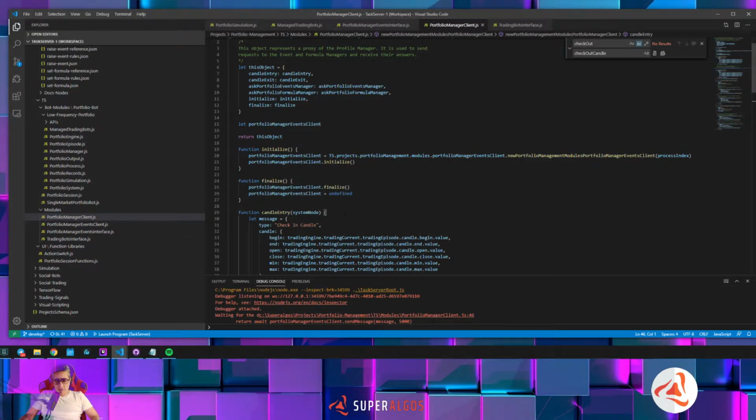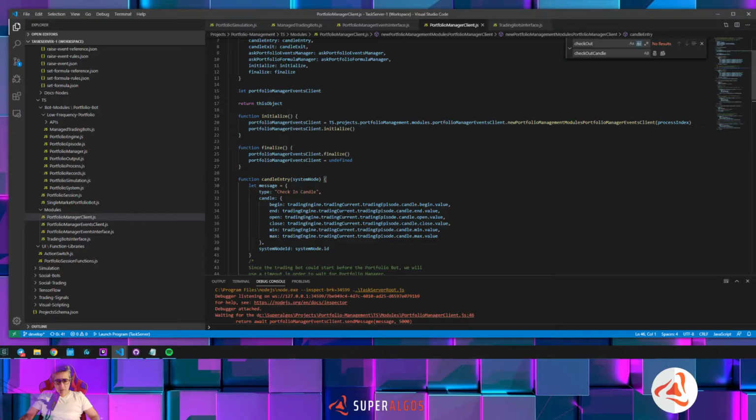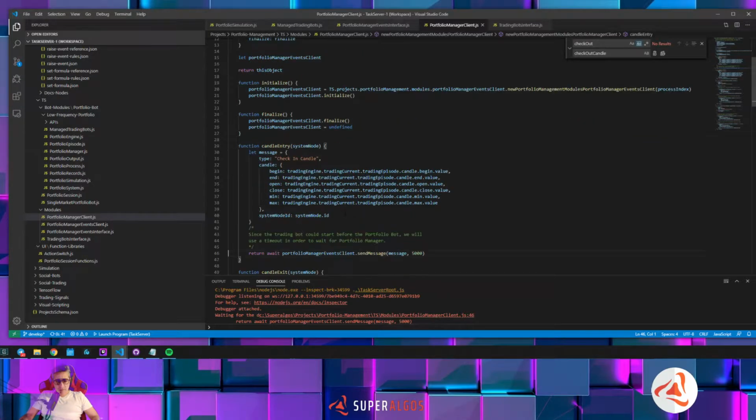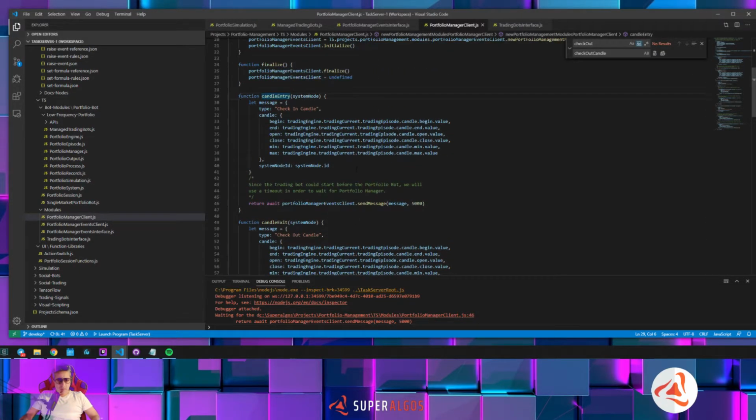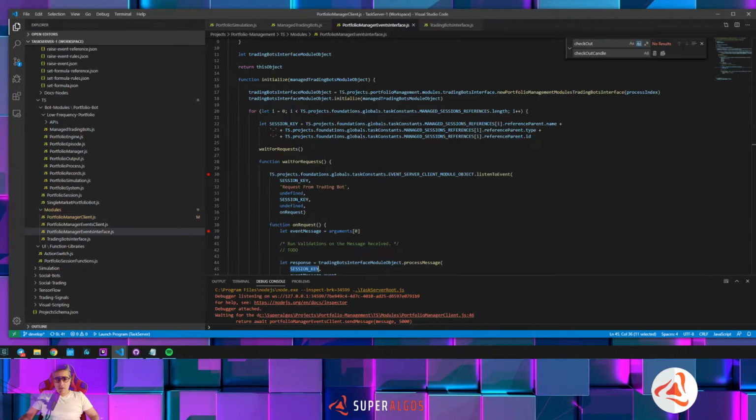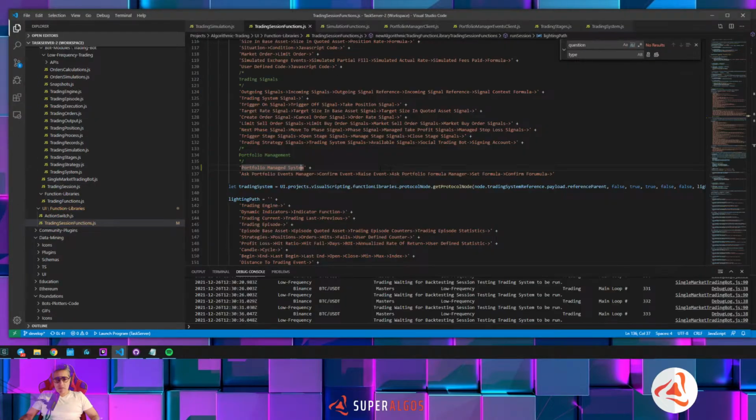Okay, this is part of the workflow that happens inside the trading bot. This means that this guy must be an async function. This guy must be an async function.